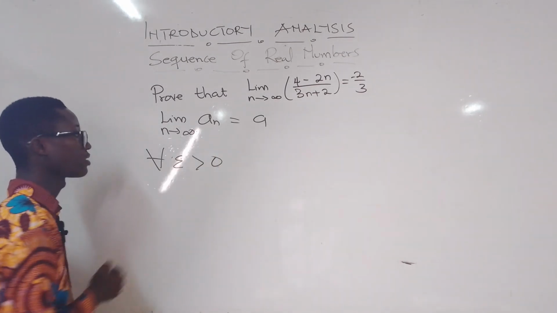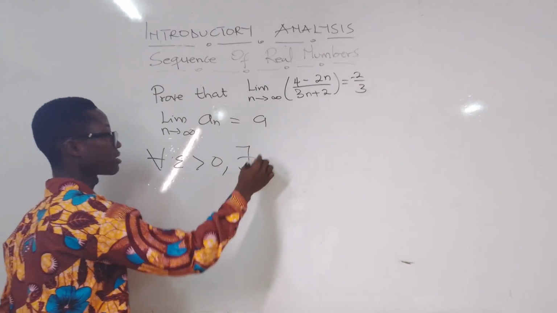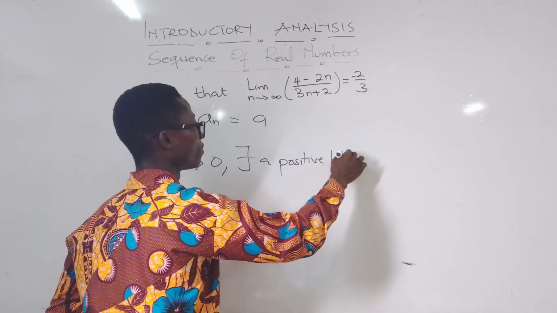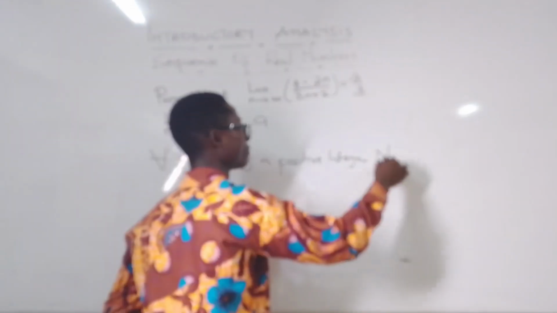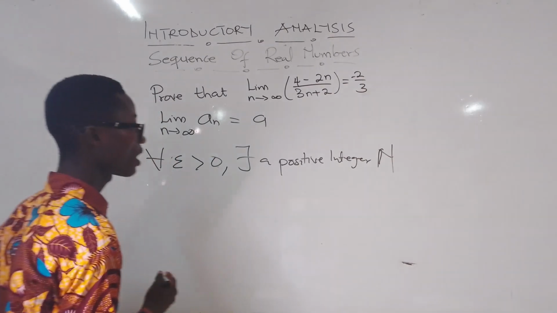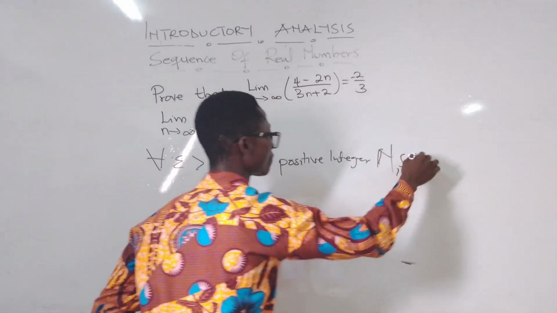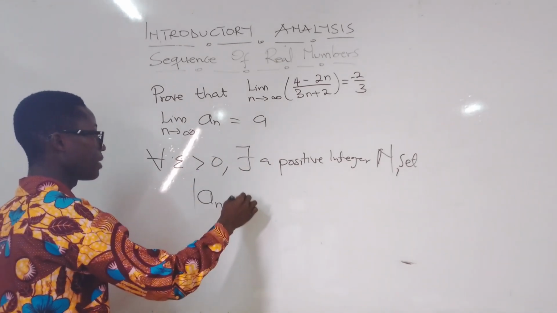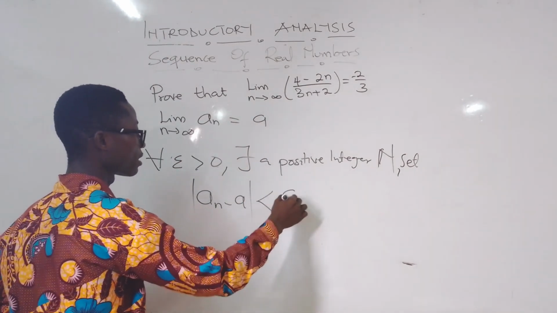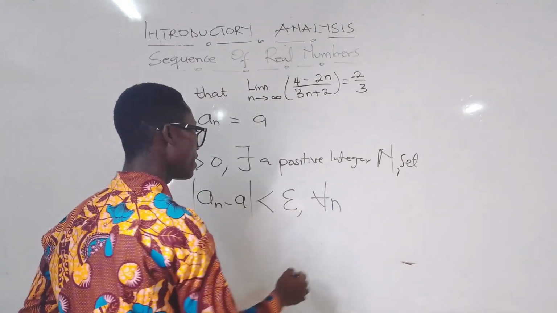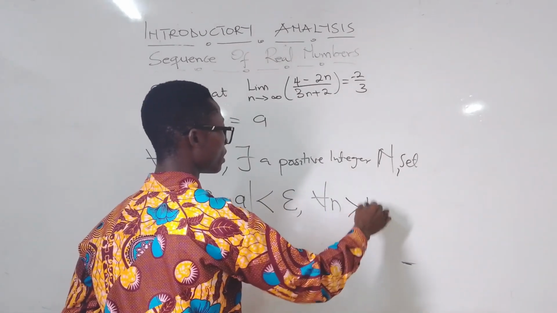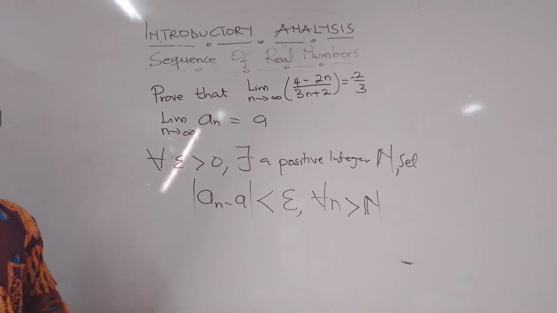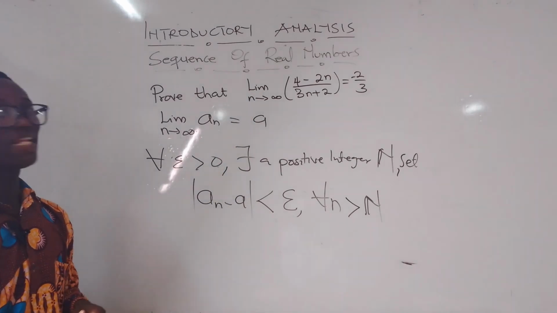For a certain epsilon greater than 0, there exists a positive integer N such that the absolute value of a_n minus the limit point, which is A, is less than epsilon for any values of n which is greater than N. So that's what we use to prove a given limit question.